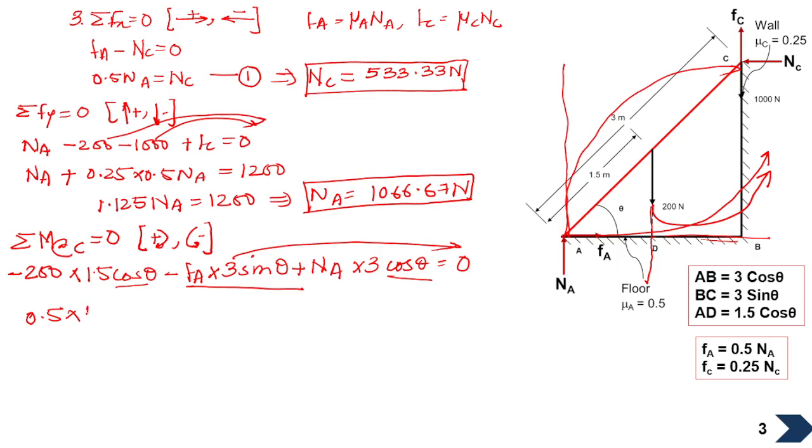NA is 1066.67, and this is equal to 3 sine theta.